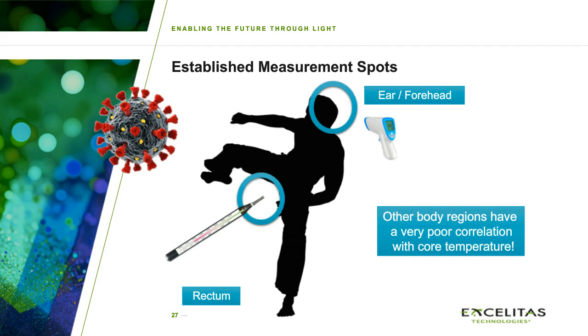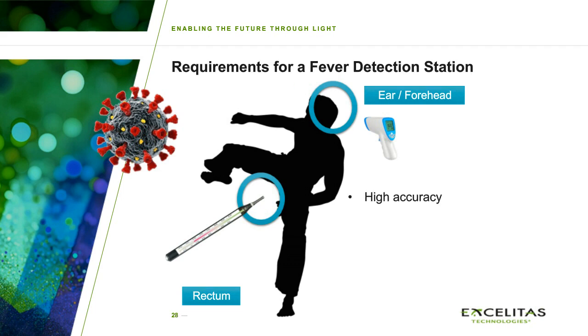The requirements for a fever detection station, if you want to build one, always start with high accuracy. You want to be as accurate as possible. And of course, the second thing customers always ask us is low cost. And this also means operation. So you don't want a sensor for a cheap price that needs regular calibration.